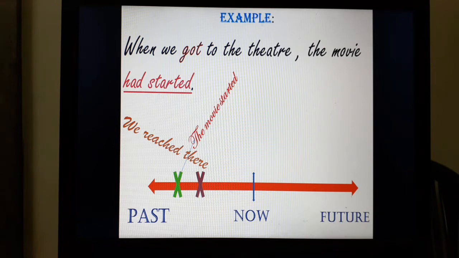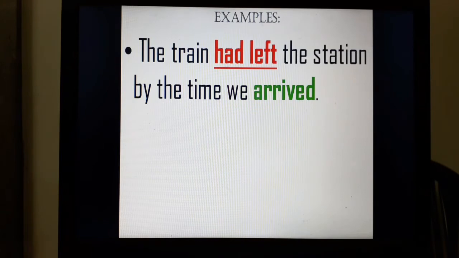Let's move on to some more examples. The first example is, the train had left the station by the time we arrived. Here, two actions took place. Firstly, the train had left the station, and secondly, we arrived. So, which action was done first?